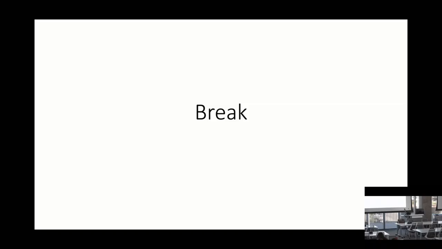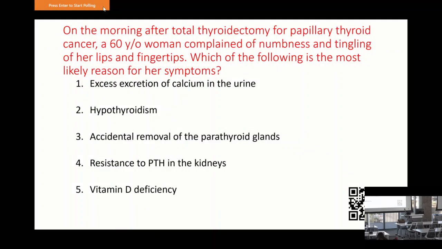So the next section is hypocalcemia. So let's start with a question. On the morning after total thyroidectomy for papillary thyroid cancer, a 60-year-old woman complained of numbness and tingling of her lips and fingertips.